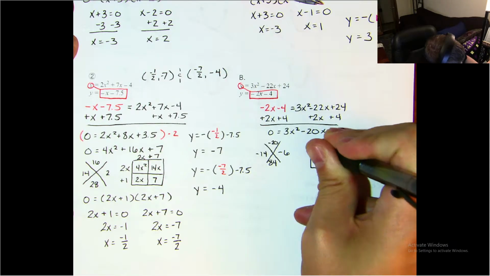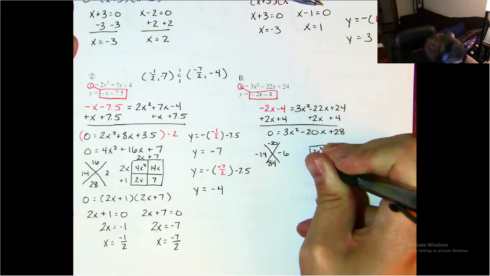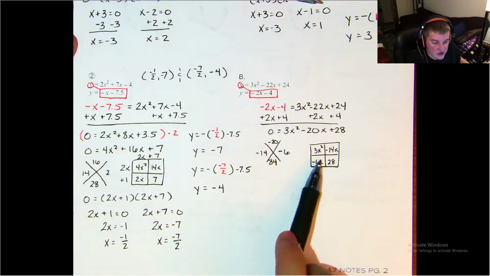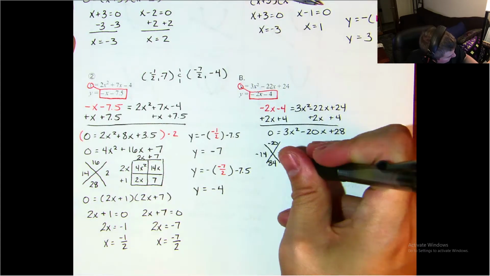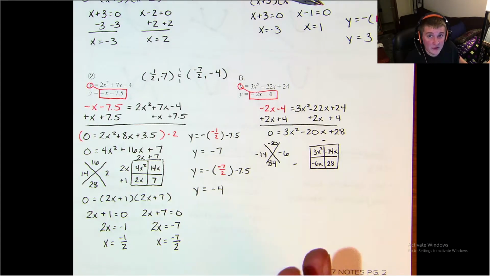Okay, so now I can set up my box here. And 28. Now I have negatives in the corners, so that means I'm going to be pulling negatives out here and here. Now I just don't have to think about negatives anymore. I already know what they are.